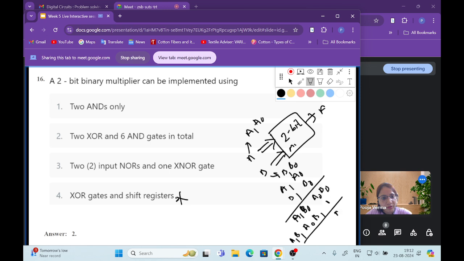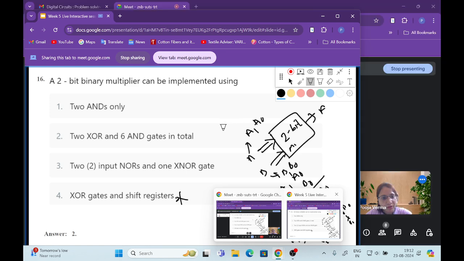Now if you add A0 B0, and A1 B0 plus A0 B1, and A1 B1. I'm giving some names: let's say P0, P1, P2, and the last carry is P3.